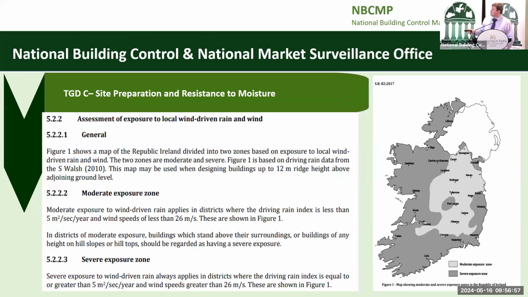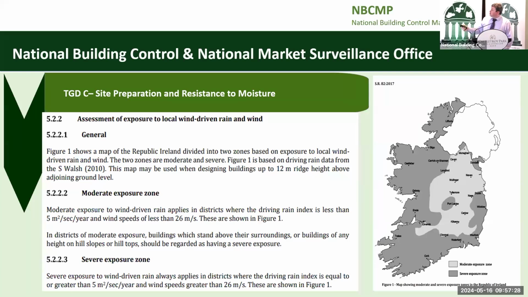These maps are going to be updated as part of SR 325. They'll be updated as part of the standard SR 82. So the assessment of exposure to wind-driven rain: moderate exposure is up to 5 square metres, and severe exposure is anything greater than 5 square metres.